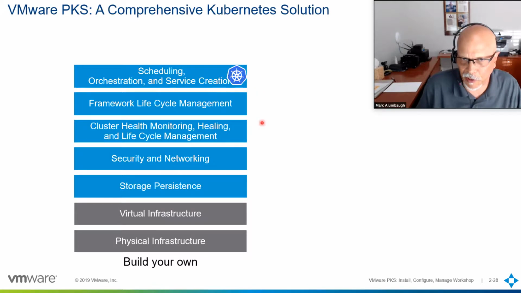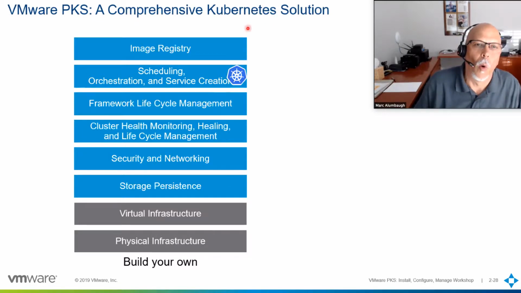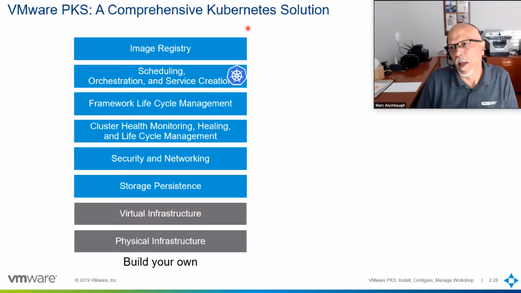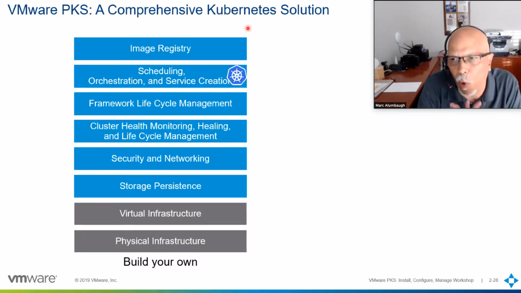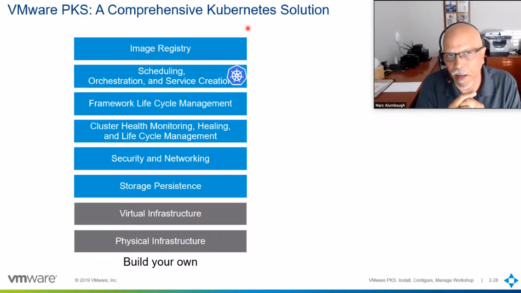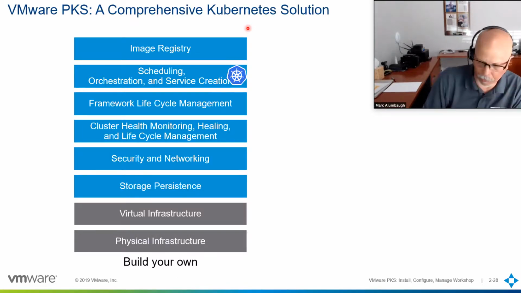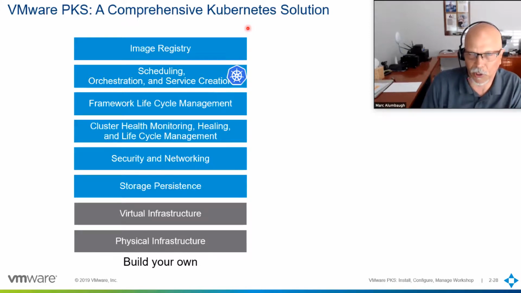So your question is how am I going to handle everything in this area? What are you going to do for your image registry? How are you going to say, is this container image something I want running in my network? Probably not necessarily a good idea just to get something from a public image registry. You're going to want some type of enterprise capable image registry.